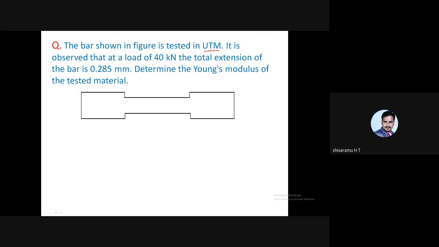Here the bar is made with different sections: section 1, section 2, and this is portion 3. It is loaded in this direction, so the load is P. The diameter of portion 1, D1, is 25 millimeter, the diameter of portion 2 is 20 millimeter, and the diameter of portion 3 is 25 millimeter.